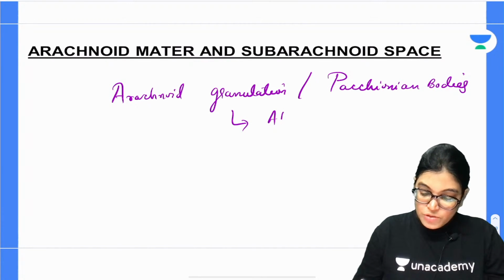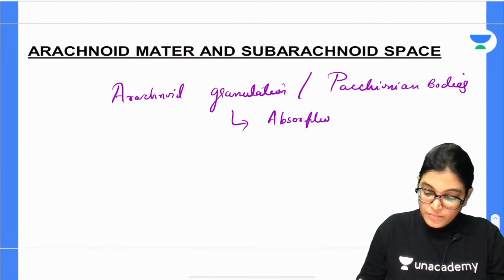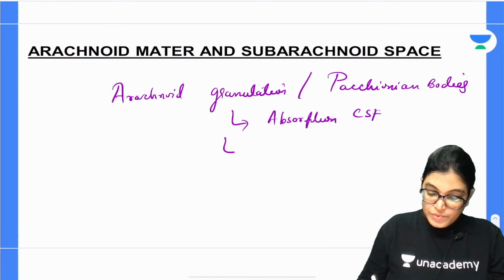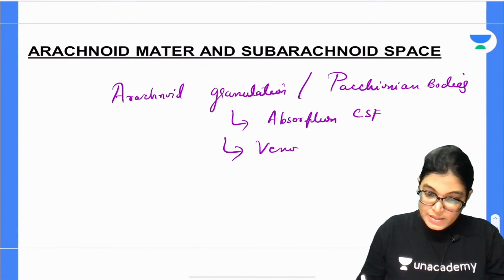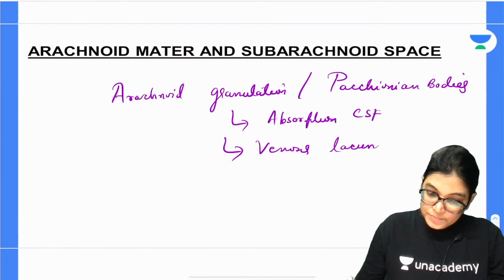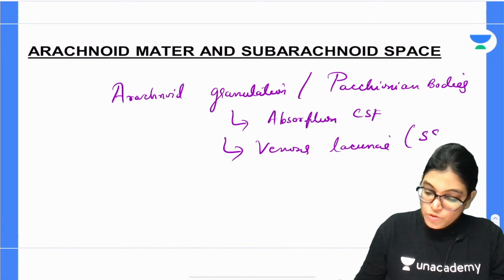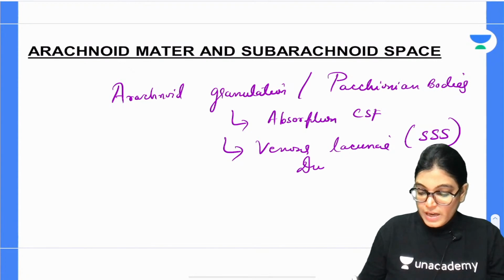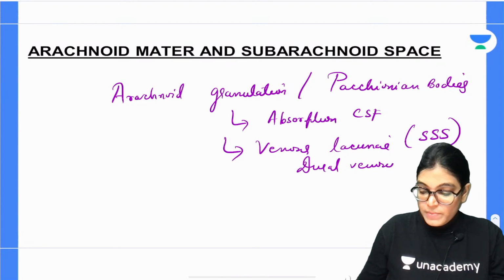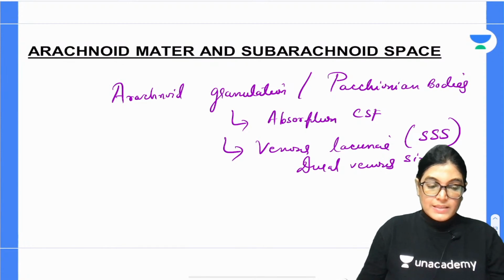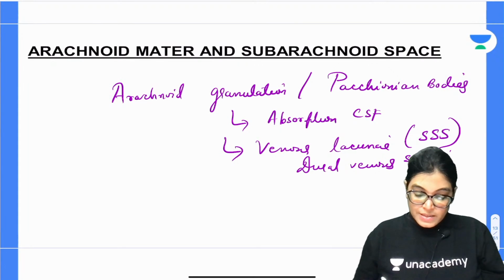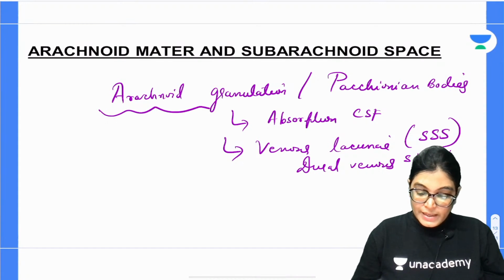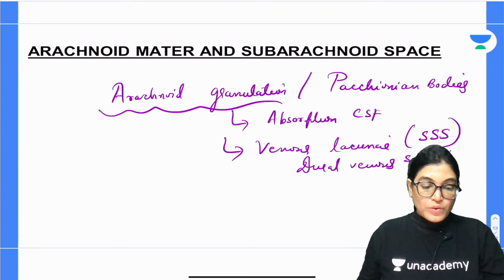Where are they located and projected? They project into the venous lacunae of the dural venous sinuses, most commonly the superior sagittal sinus. These projections from the arachnoid layer are called arachnoid granulations or Pacchionian bodies.